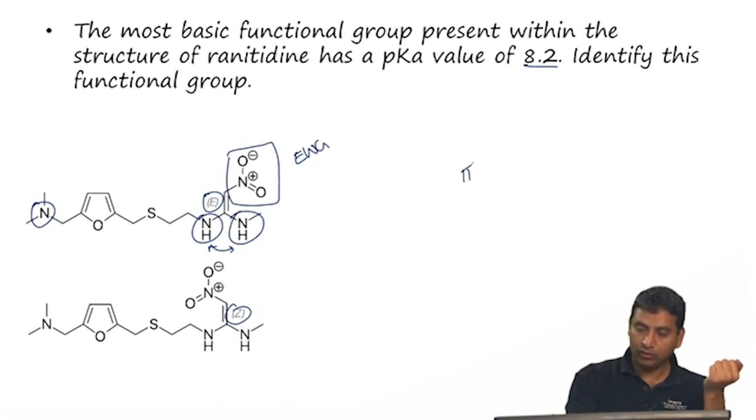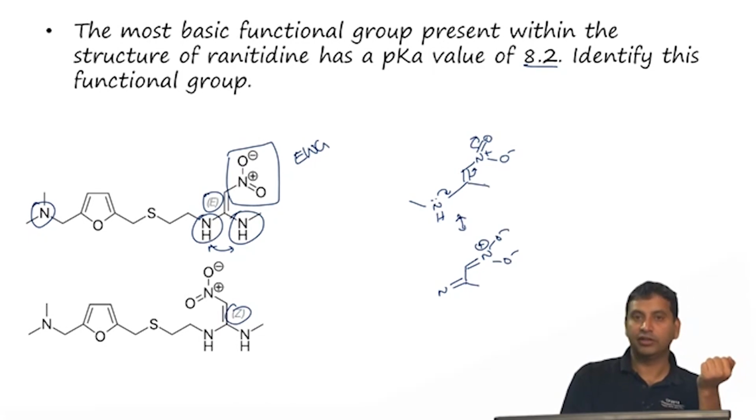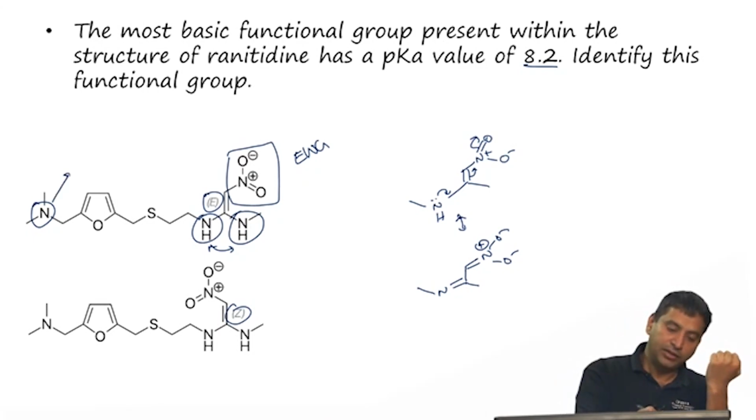So, if we were to draw this structure in the following manner, you can draw a resonance form wherein this is going to go here and you have N double bond N plus, O minus, the rest of the molecule being the same. So, therefore, the lone pair is not really available for it to be donated. So, we would predict that this nitrogen would have the pKa of 8.2.